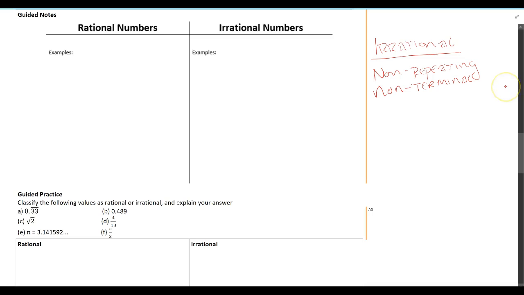Non-terminal, again, terminal just means ending. Non-repeating, non-terminal decimals.